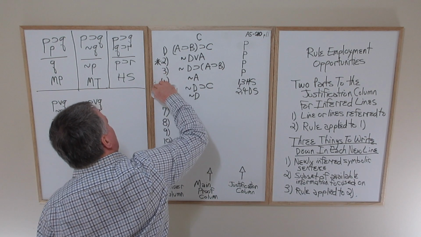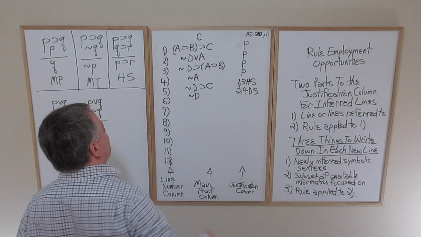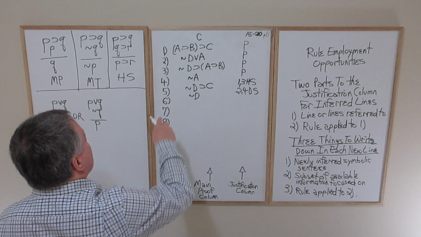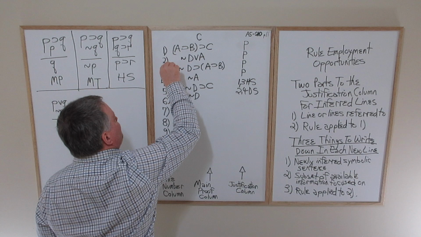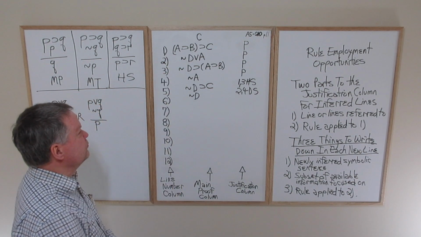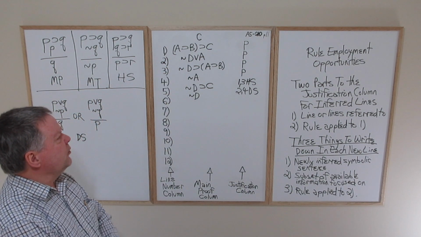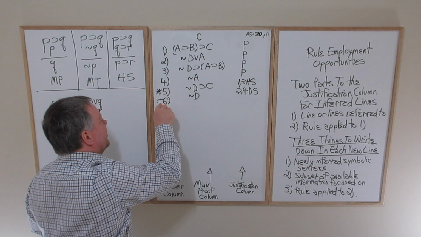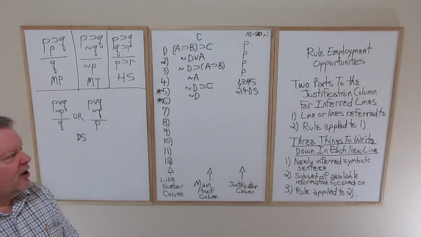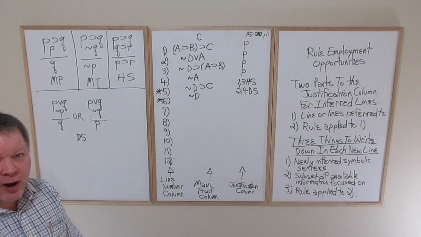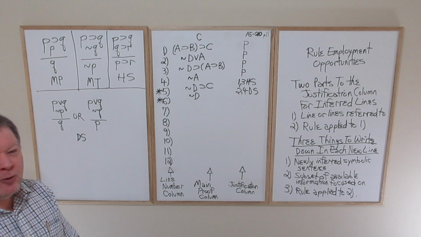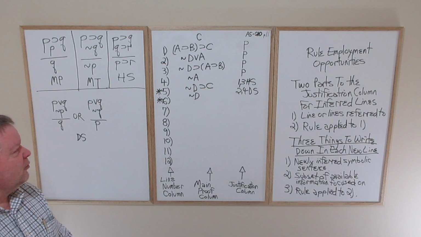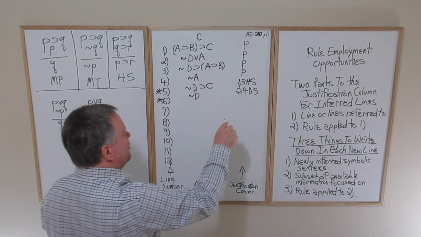Then we can finish off the proof by focusing in on this subset of our now 6 lines of available information, 5 and 6.